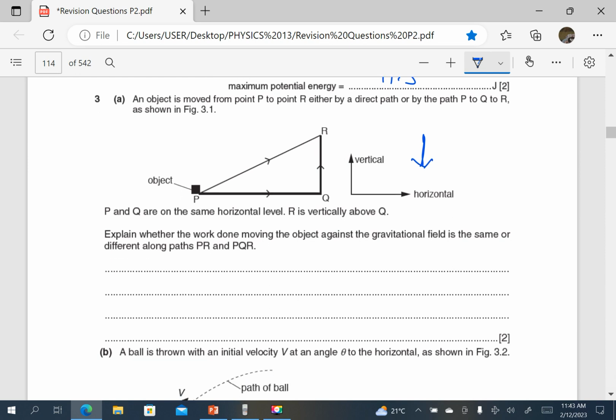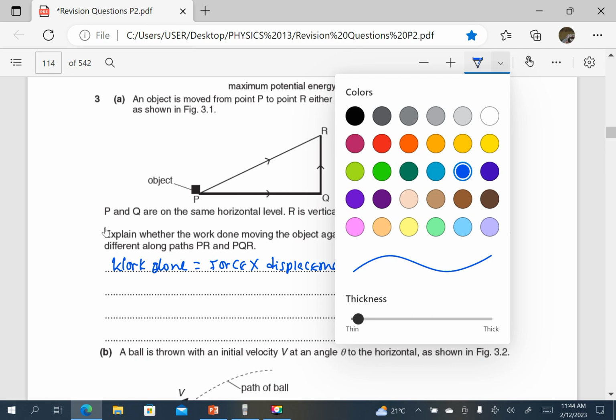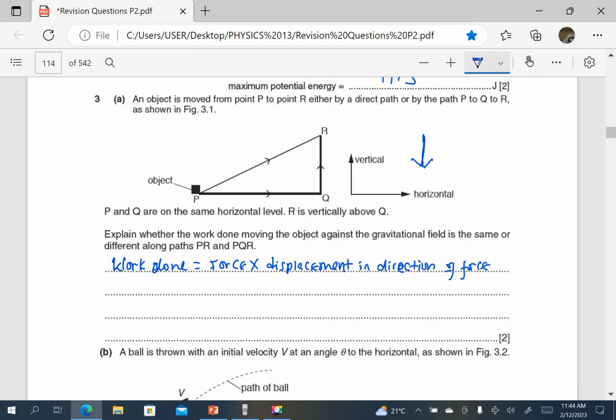Therefore, work done is equal to the force times displacement in the direction of the force. Remember, the direction of the force is in the vertical. So the displacement considered here is going to be in the vertical.